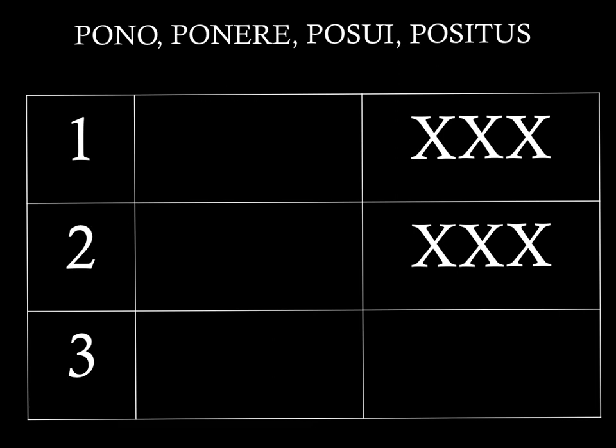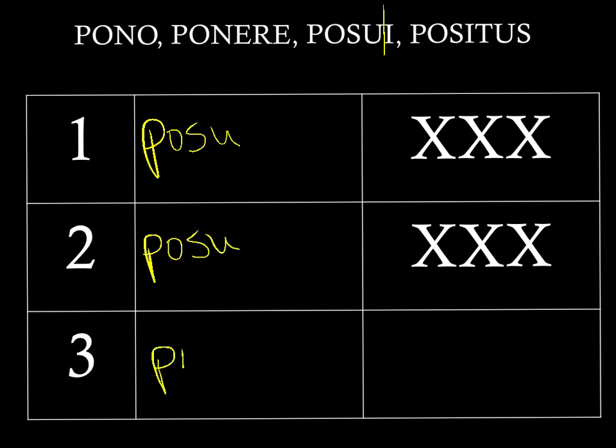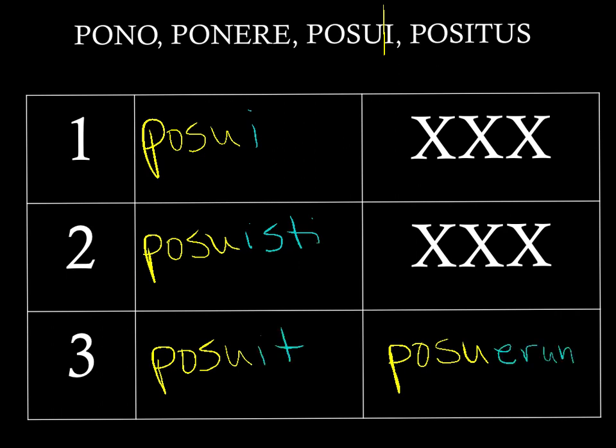Pono ponere, third conjugation, but doesn't matter because we're in the perfect tense. Posu is the stem, and then same endings. E, isti, it, erunt. We're done. No weirdness, nothing.